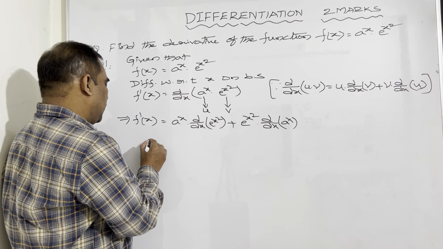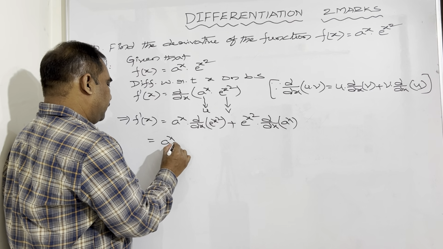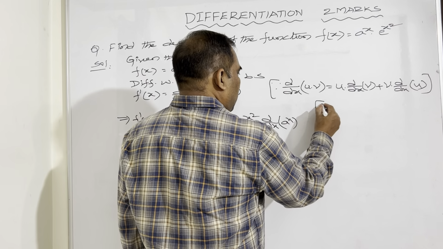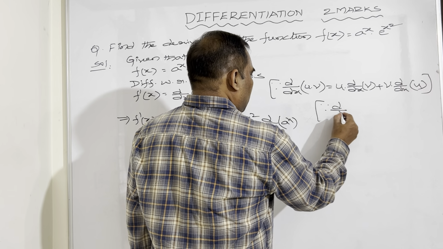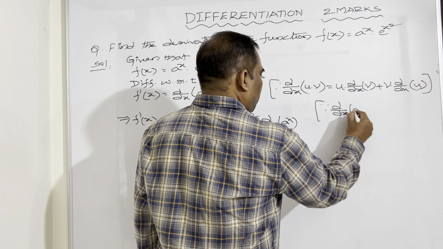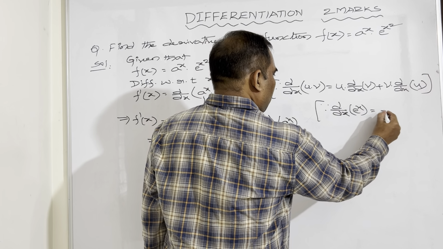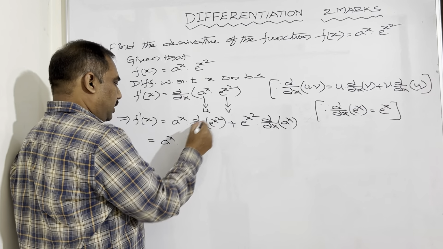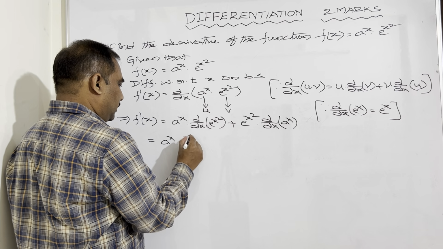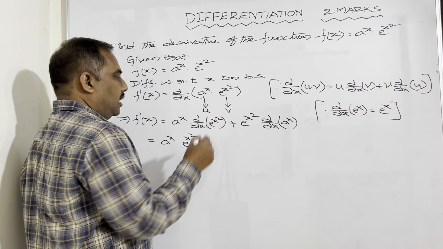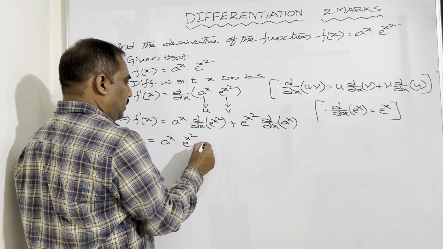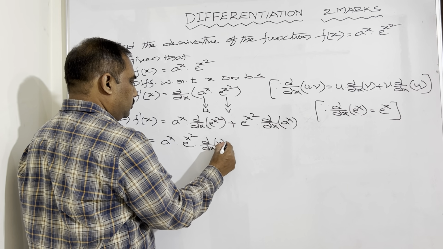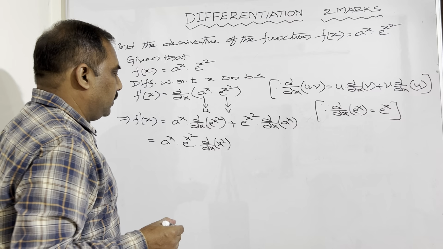Now this is equal to a to the power of x into e power x square. We know the standard form of the derivative of e power x is e to the power of x. So as per this formula, we can write e to the power of x square. But again you have to do the derivative of x square also.